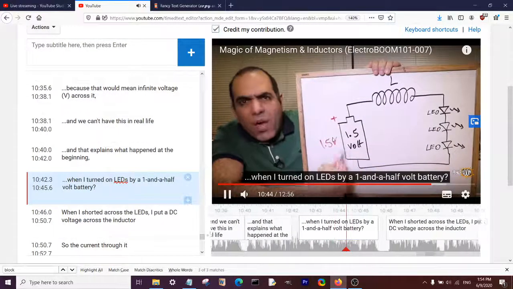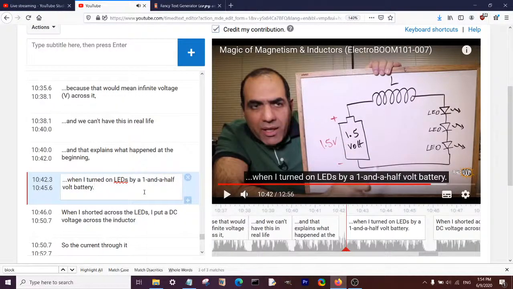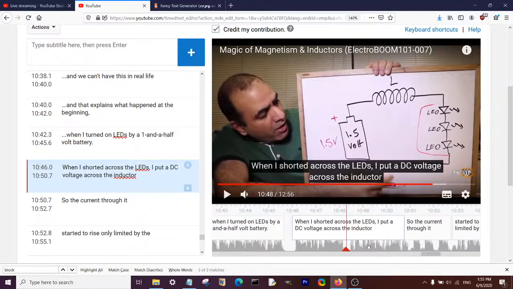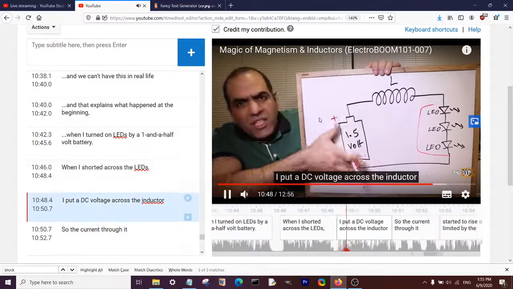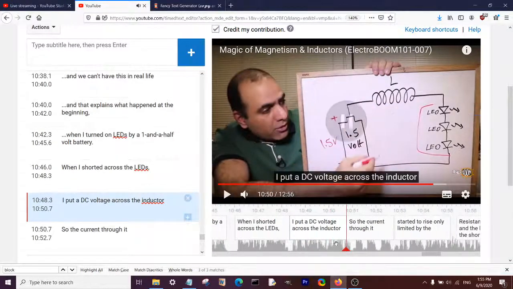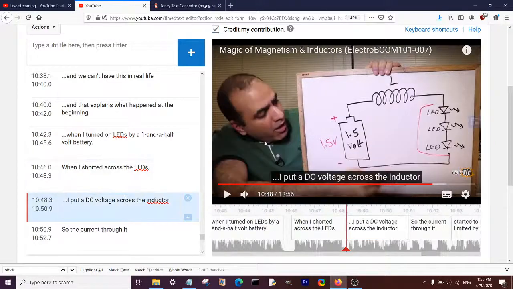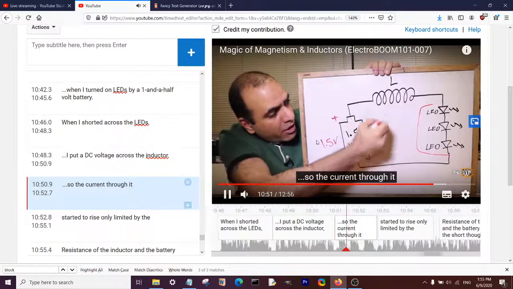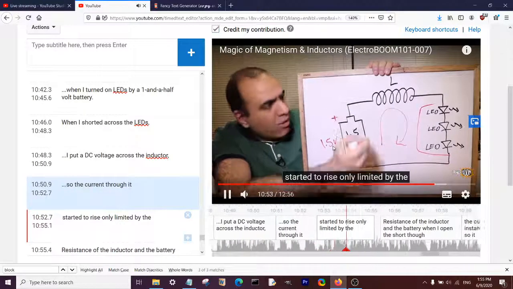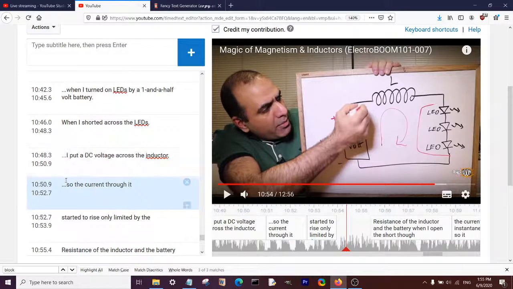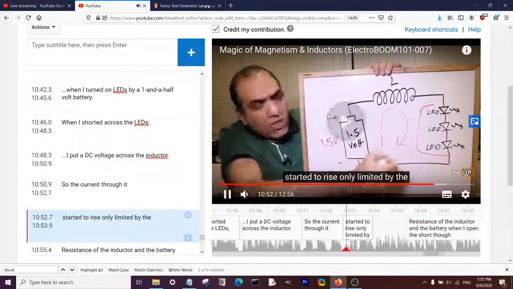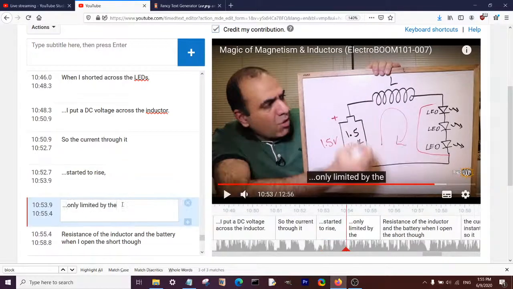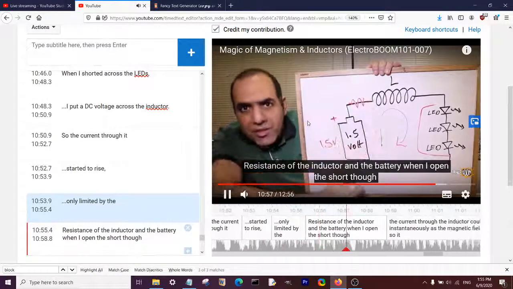When I shorted across the LEDs, I put a DC voltage across the inductor, so the current through it started to rise, only limited by the resistance of the inductor and the battery.